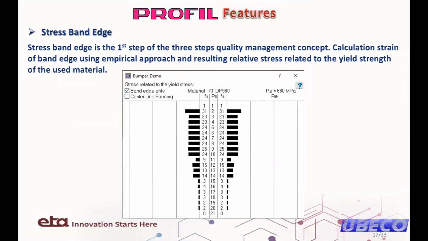The relative stress related to the yield strength of the used material will be computed. From here, the engineer will decide if the stresses exceeded the yield stress and then how many passes you have to create to reduce the stresses.